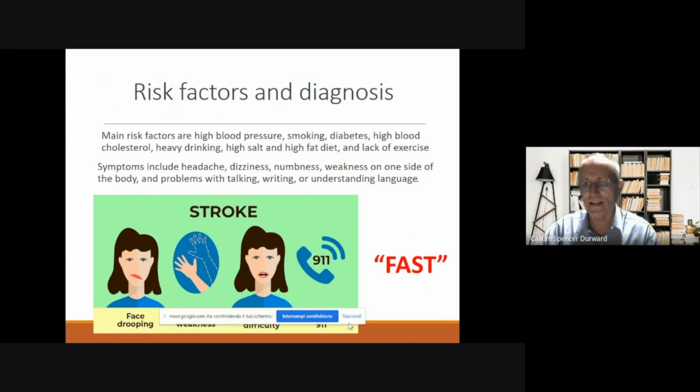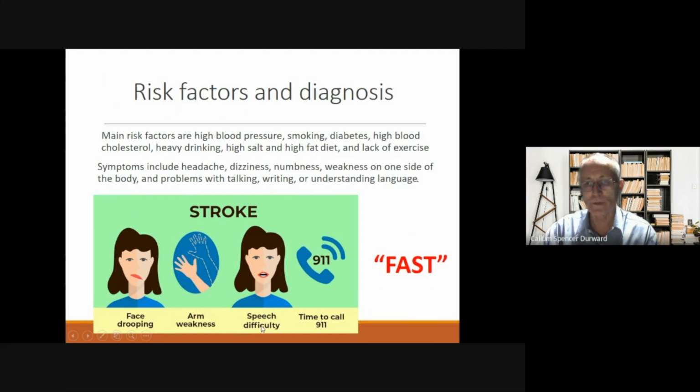The F stands for face drooping. So if one side of the face has drooped, that's a sign of stroke. The second one, A, is for arm weakness. Ask the patient to lift up both arms. Maybe one arm does not lift up to the same extent as the other arm.